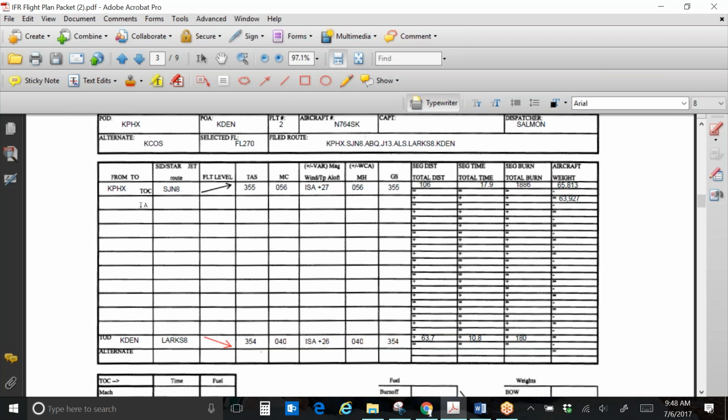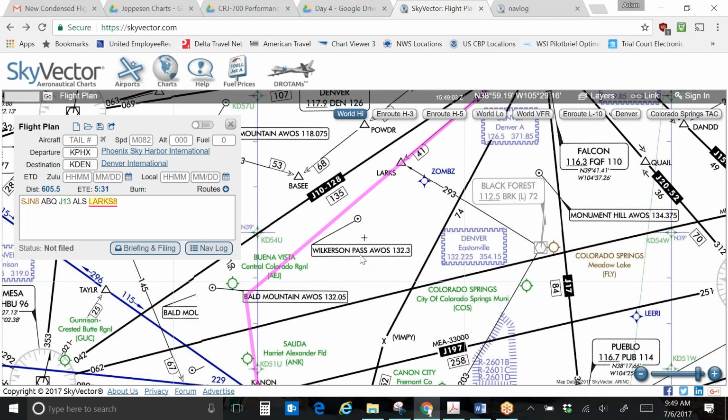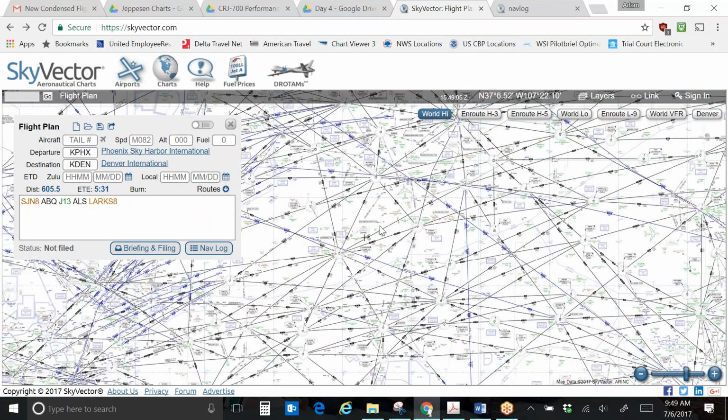So now on this next part, we've got our top of climb figured out. So this next leg is going to be top of climb to Albuquerque. Let's go take a look on SkyVector what route that is actually on.